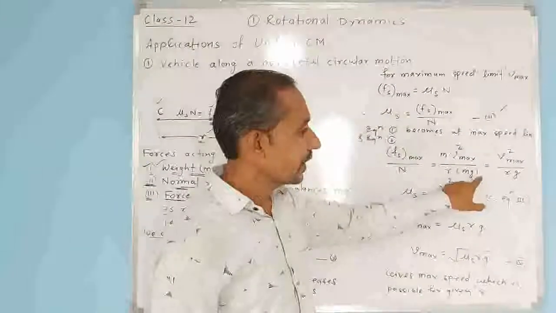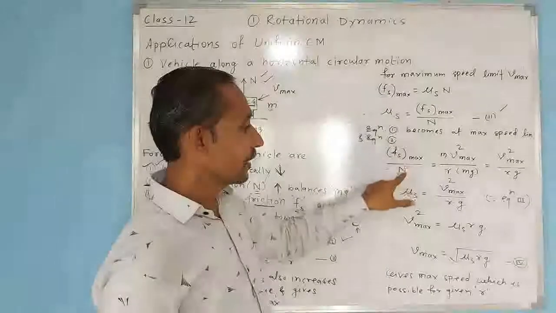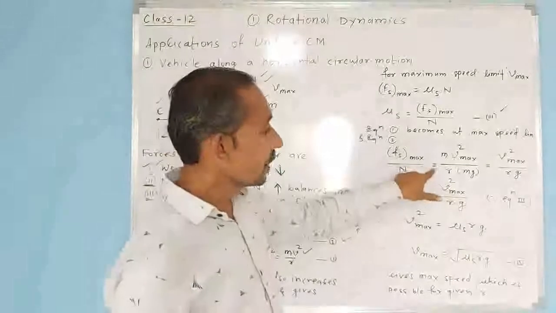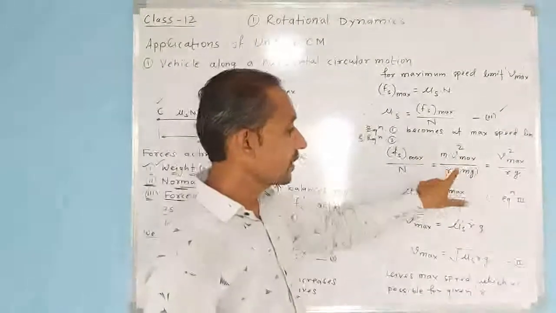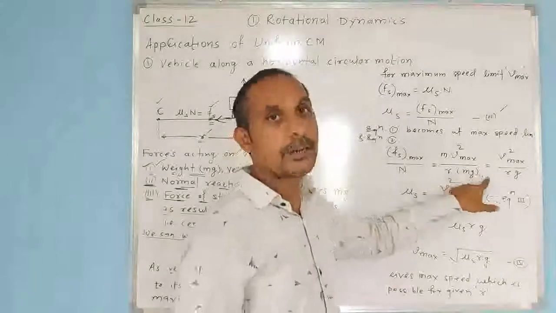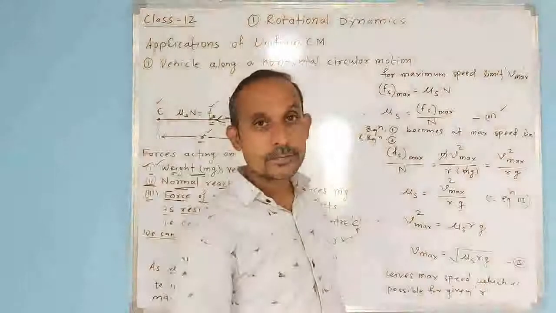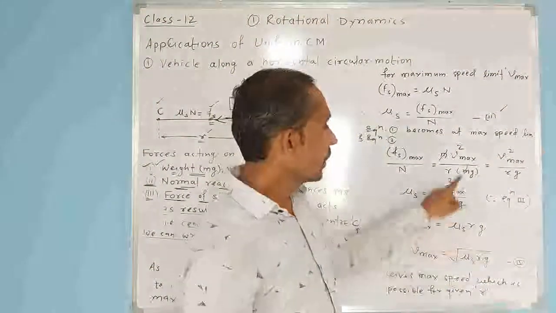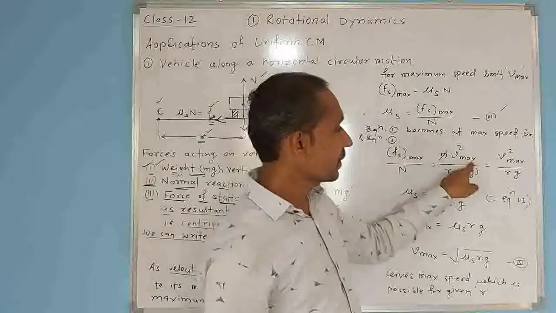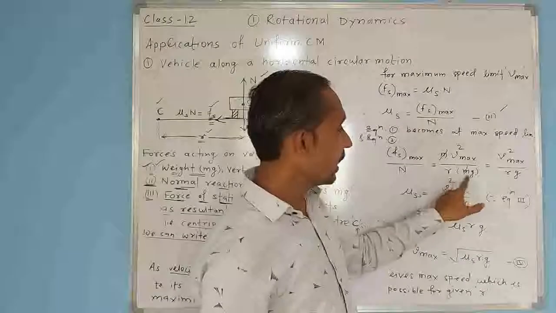So we get Fs maximum divided by N is equal to m v max square divided by r multiplied by 1 upon mg. Cancelling the mass, the remaining is Vmax square divided by rg.